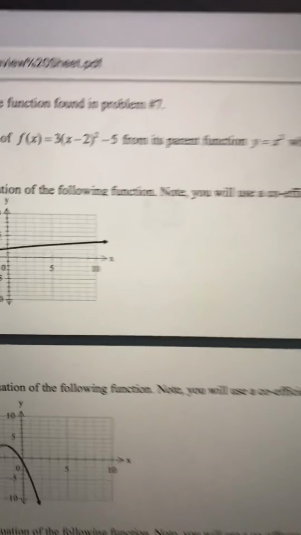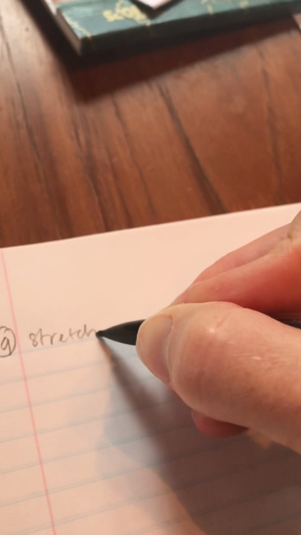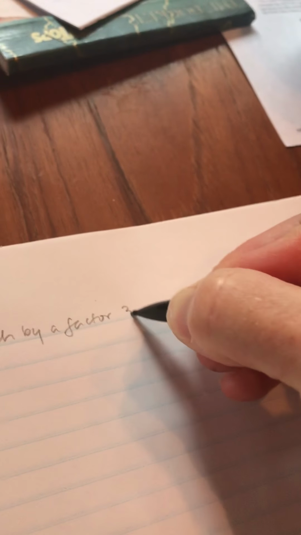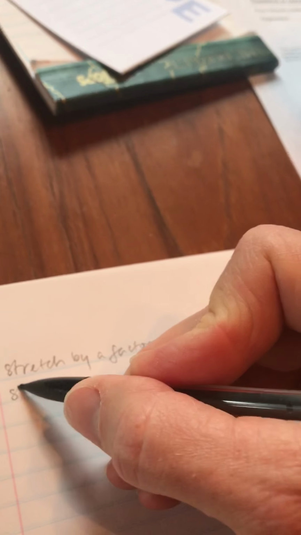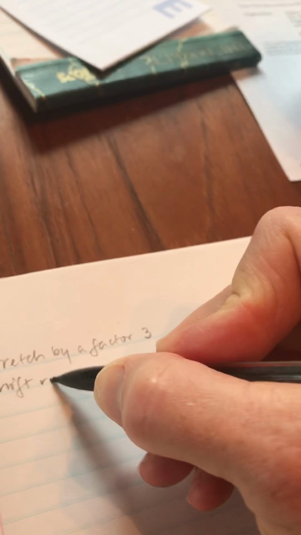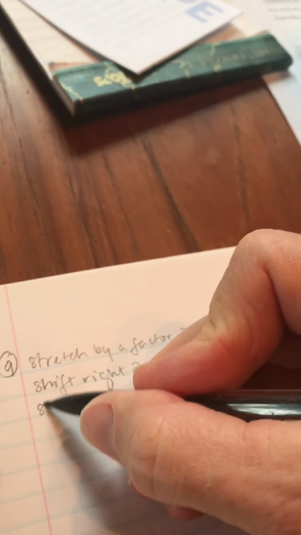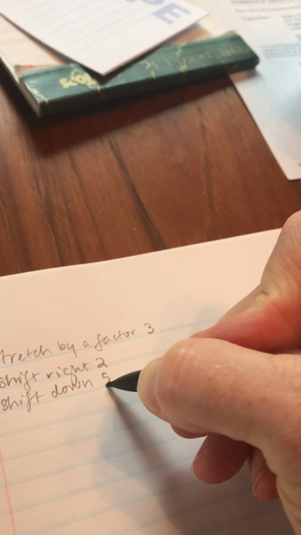All right. So you would just say for number 9 that there is a stretch by a factor of 3, because that 3 is being multiplied by the function, and there is a shift to the right 2, and also a shift down 5.